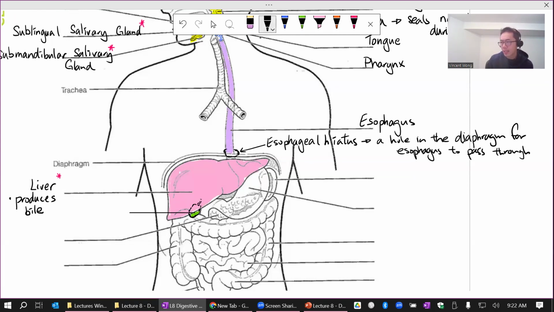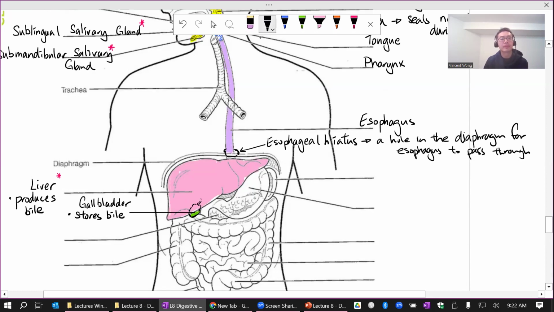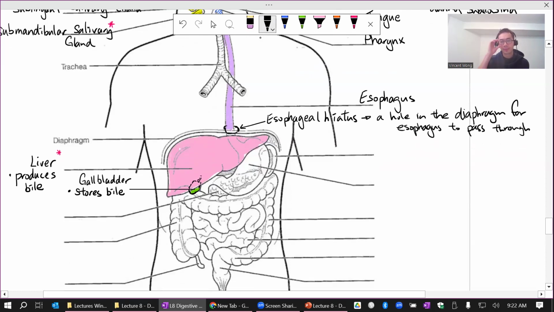Anybody know what that is? Gallbladder. That's right. Some people can have stones growing in the gallbladder if the cholesterol in the blood is too high, and you have to remove it. So the liver produces bile, but the gallbladder stores bile. I'll tell you what bile does later on. Okay, bile is very bitter.